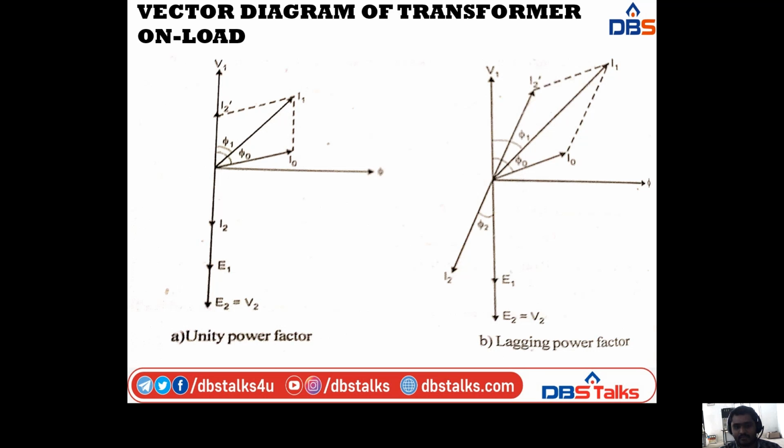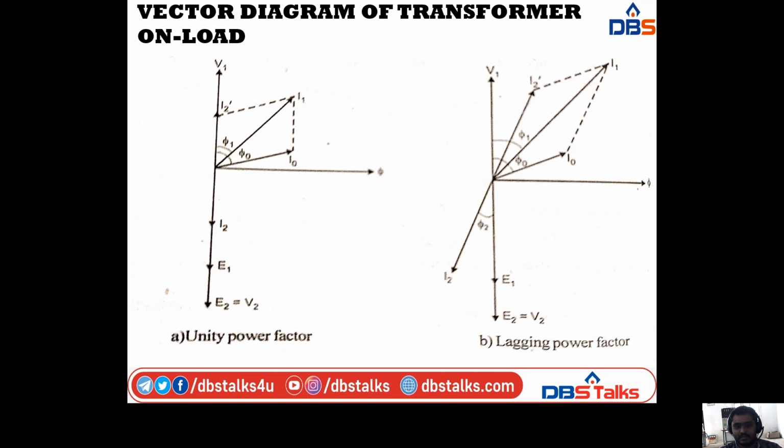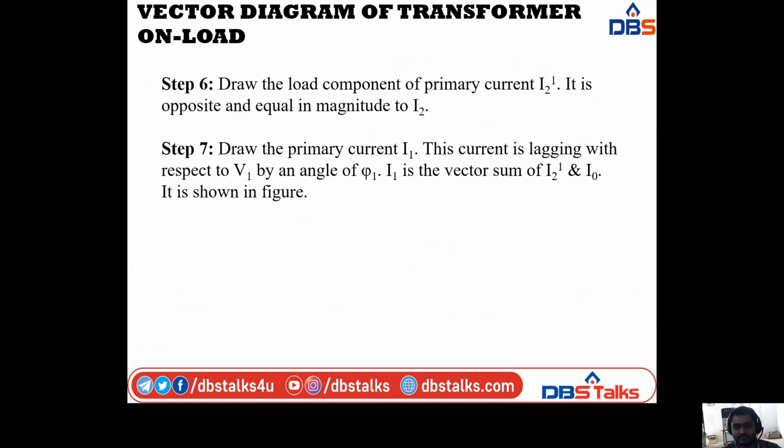For lagging power factor, V2 is lagging I2 by angle phi 2, and for the leading power factor, V2 leads I2 by an angle phi 2. This is the explanation for the fifth step.